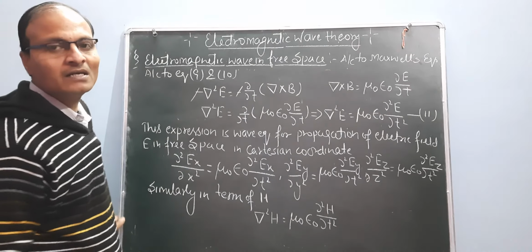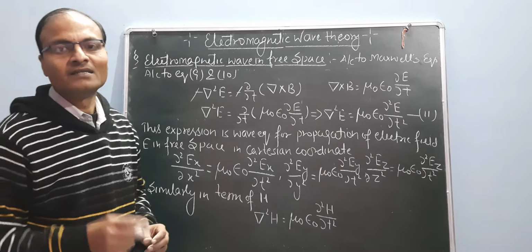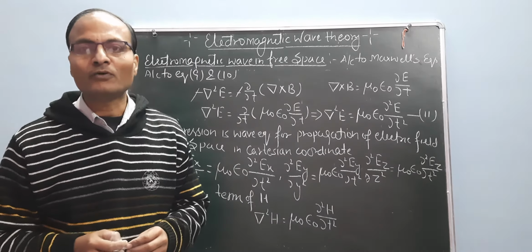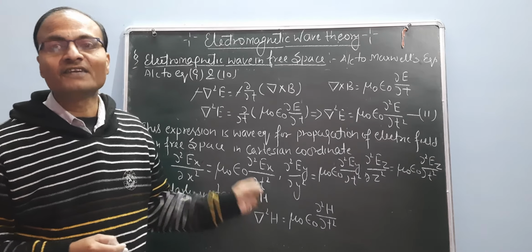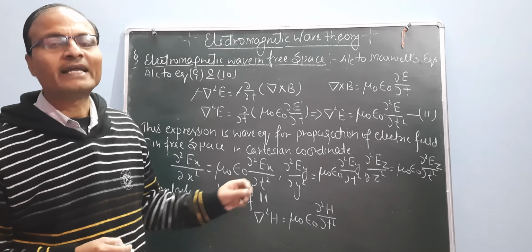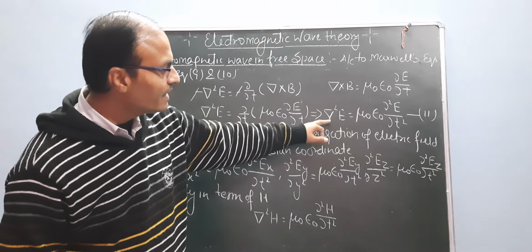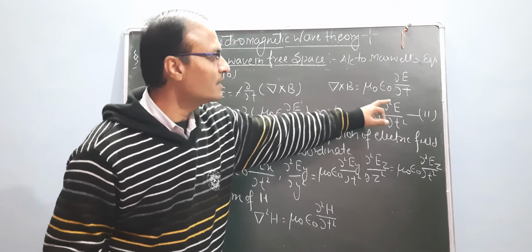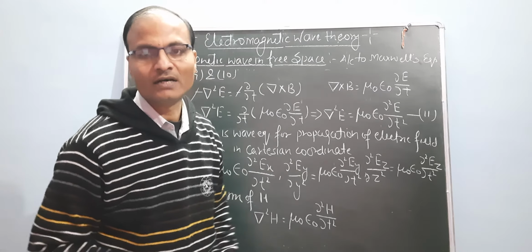So this is the magnetic field equation. This expression is the wave equation for propagation of H in free space. So the electromagnetic equation is del square E minus mu naught epsilon naught del square E upon del T square.